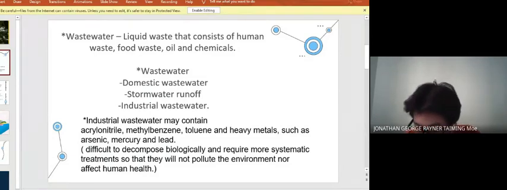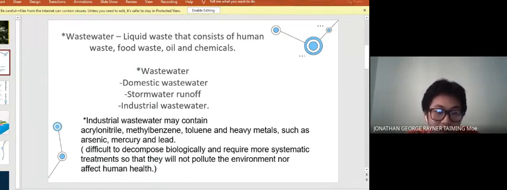Industrial wastewater is aqueous discard from industry, or to put it simply, water used for industrial purposes, such as manufacturing products or cleaning activities. Industrial wastewater may contain acrylonitrile, methylbenzene, toluene, and heavy metals such as arsenic, mercury, and lead. Industrial wastewater is very difficult to decompose biologically and requires more systematic treatment so that it will not pollute the environment nor affect human health.